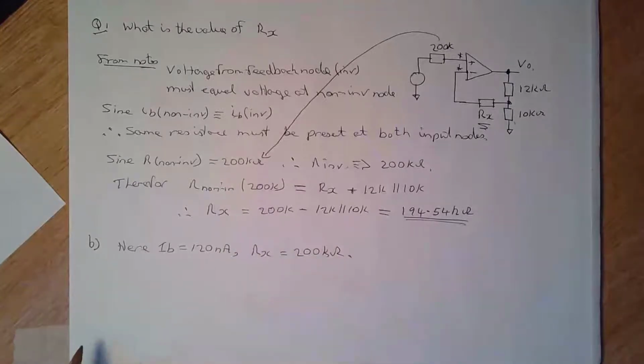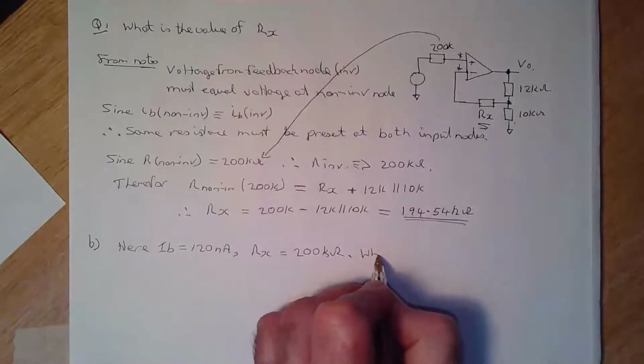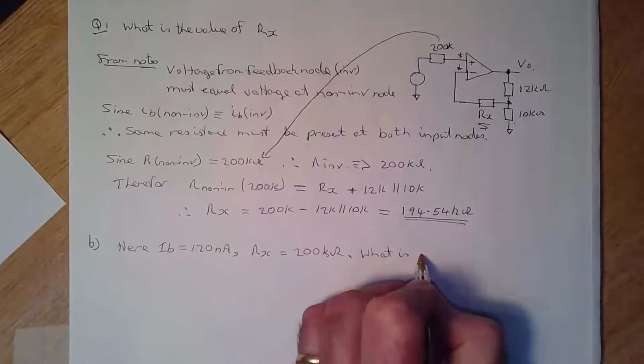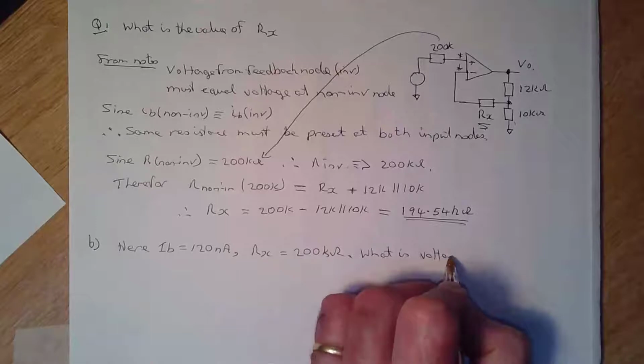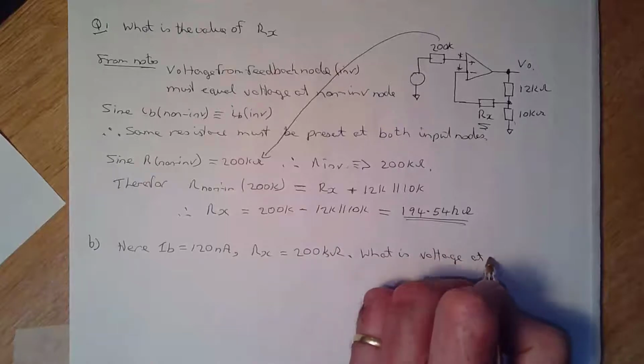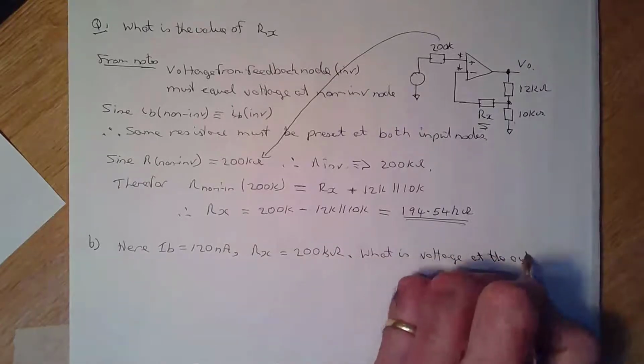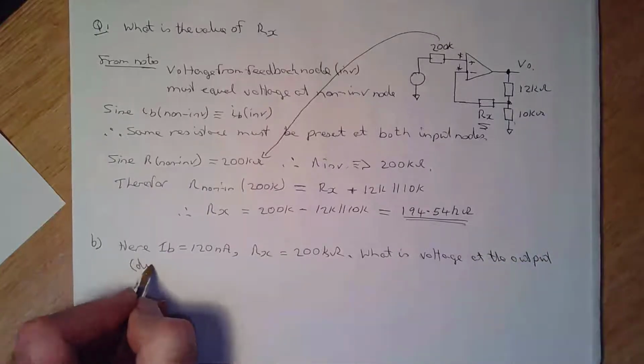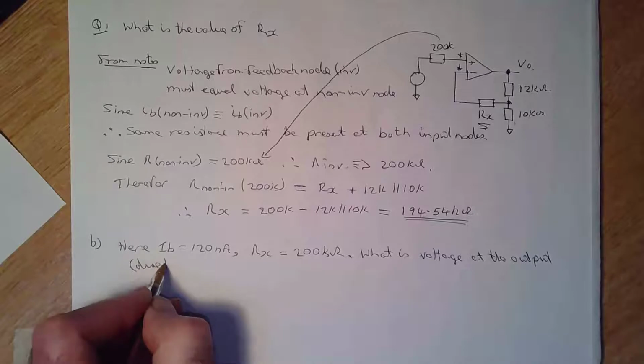The question we have is, what is the voltage at the output which is due to IB?